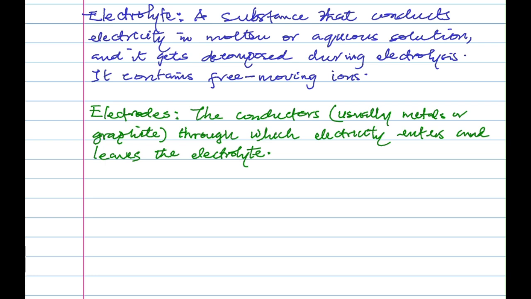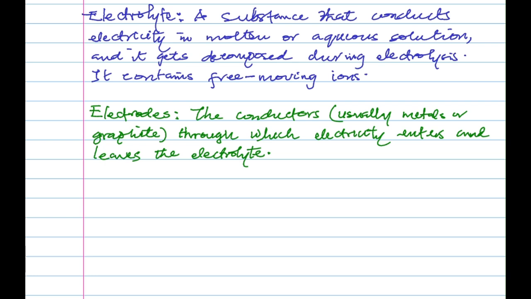Electrodes are conductors that allow electricity to enter into the electrolyte and also allow electric current to go out of the electrolyte. I will give you a diagram that incorporates all of them: electrolyte, electrodes.